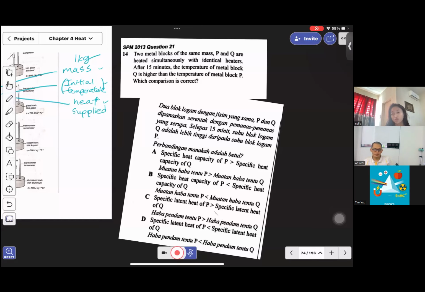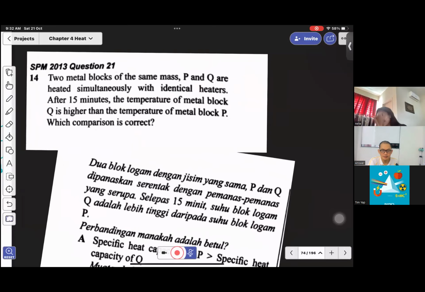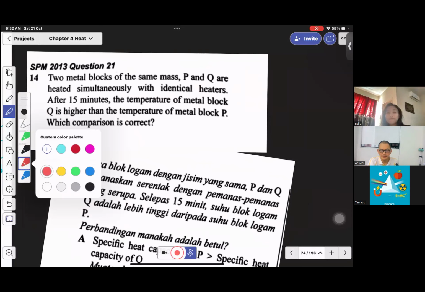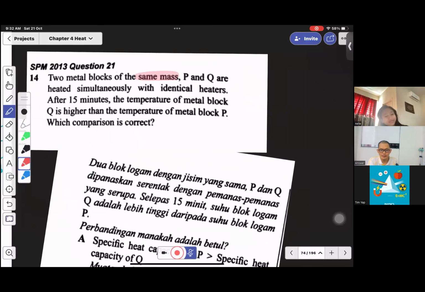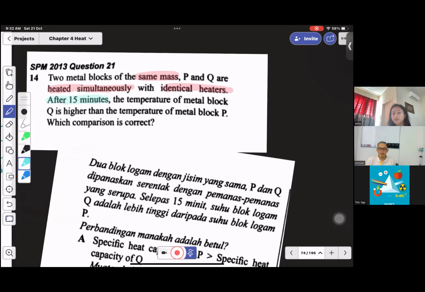Okay, let's see together. So there are two metal blocks, same mass, heated simultaneously with identical heaters. So after 15 minutes, the temperature of metal block Q is higher than the temperature of metal block P. So that means Q rises faster, right?